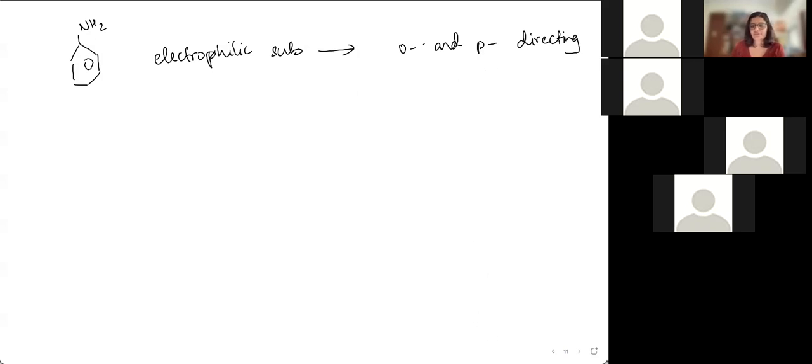NH2 is electron donating, so this is going to be ortho-para directing. So NH2 activates the ring. Any other reaction, like acylation, alkylation, nitration, sulfonation, whatever reaction you make it go through, you get ortho-para products.